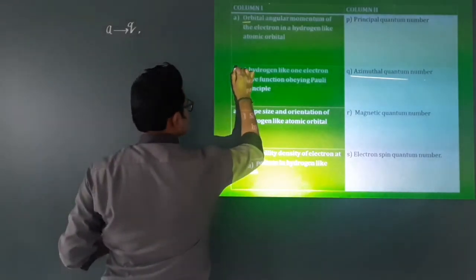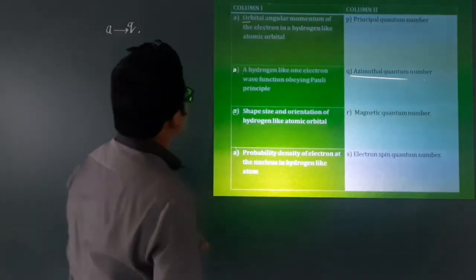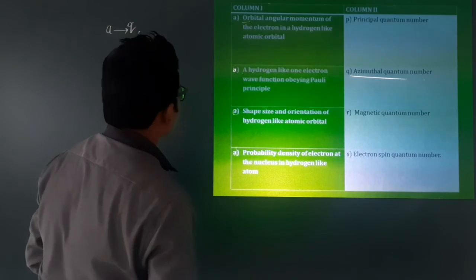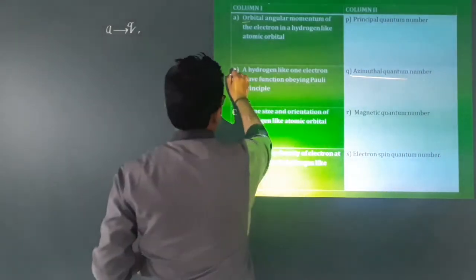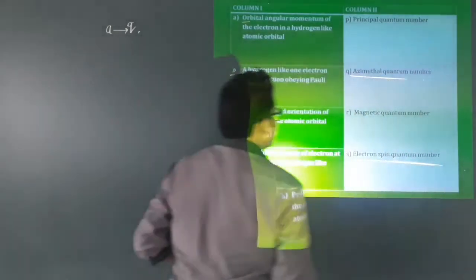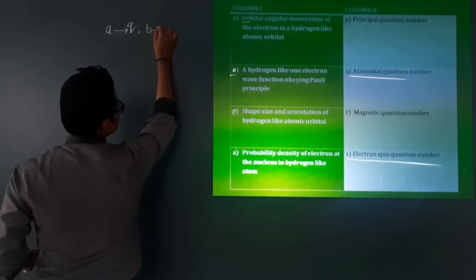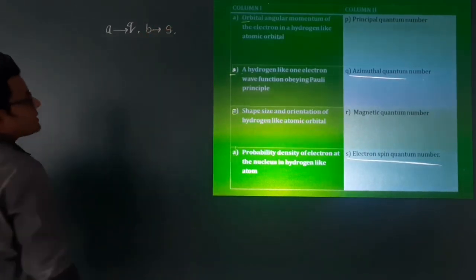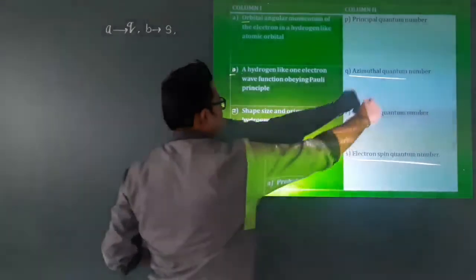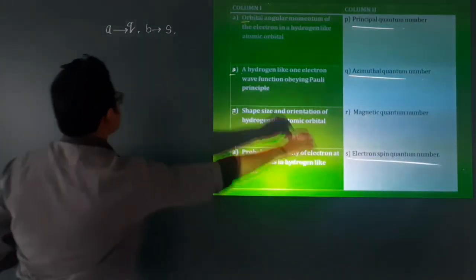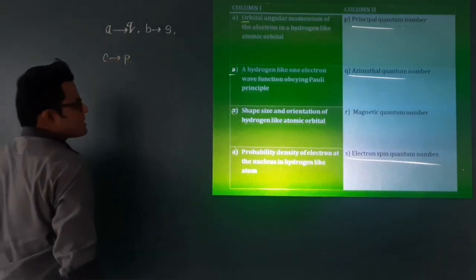Please make a correction here: it should be B, C, and D. So B is a hydrogen-like one-electron wave function obeying Pauli's exclusion principle, the electron spin quantum number, so B goes to S. C is shape, size and orientation, and principal quantum number, so C is for the principal quantum number, that is P.